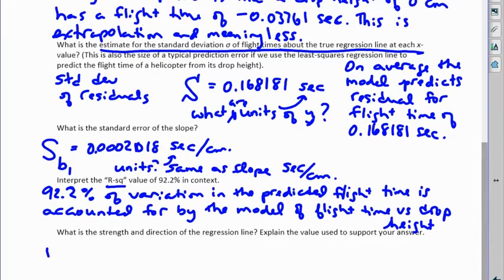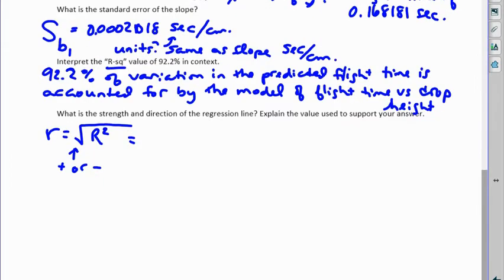And if we want to talk about the strength of the model and the direction, then we're talking about the R, the correlation coefficient. So we need to take that coefficient of determination, that R squared, which we can see in the output. We have to write it as a decimal so that we can take a square root.